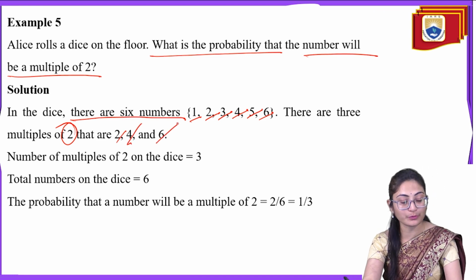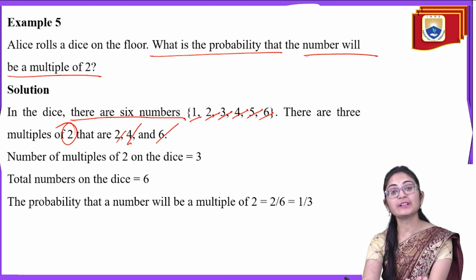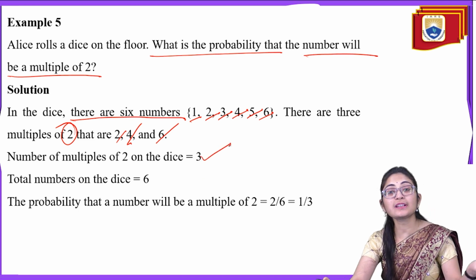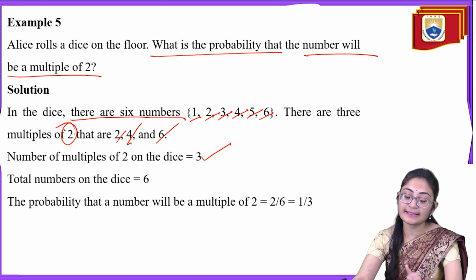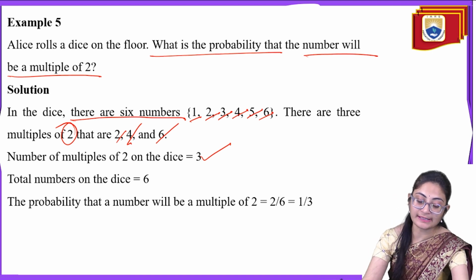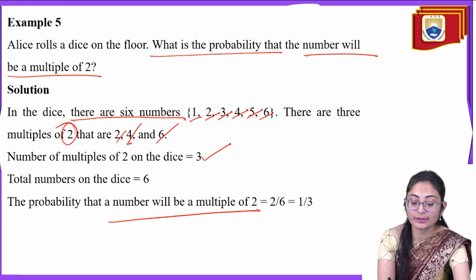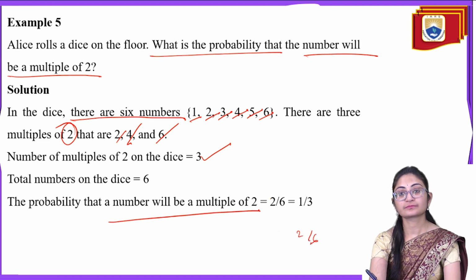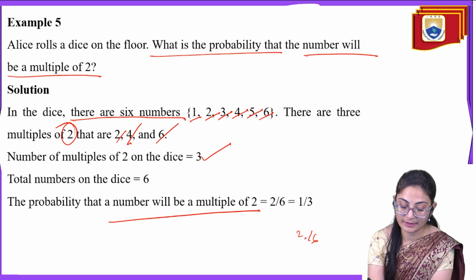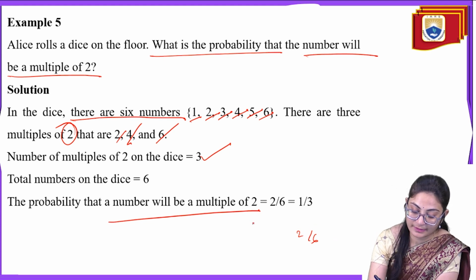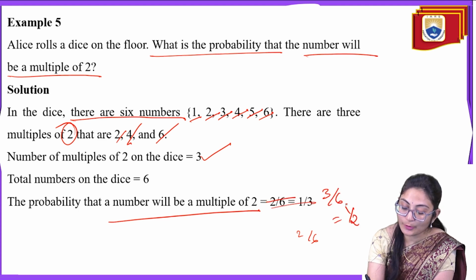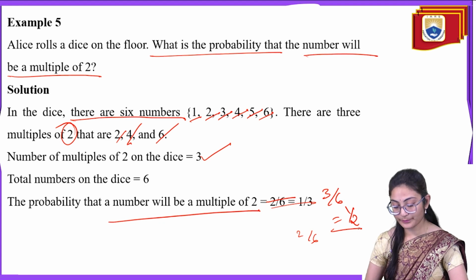So the number of multiples of 2 on the dice is 3, and the total numbers on the dice is 6. So the probability that the number will be a multiple of 2 is 3 by 6. So your probability will be 1 by 2.